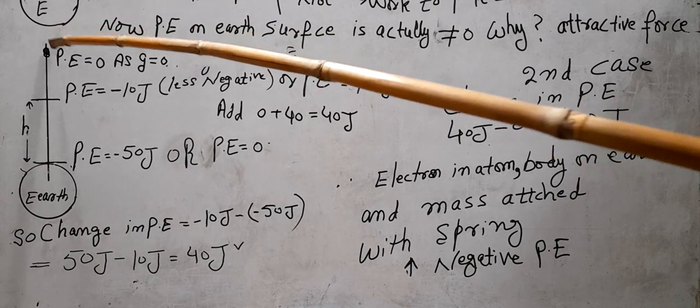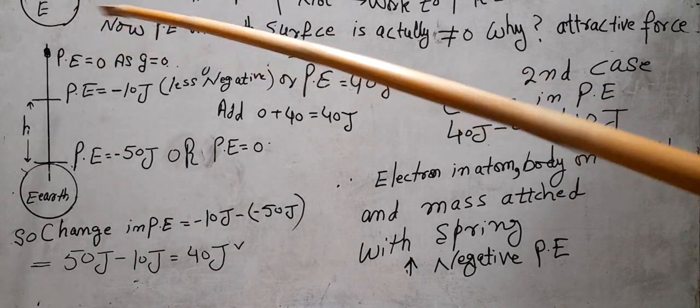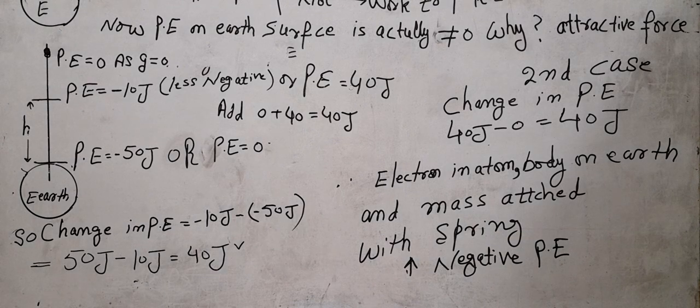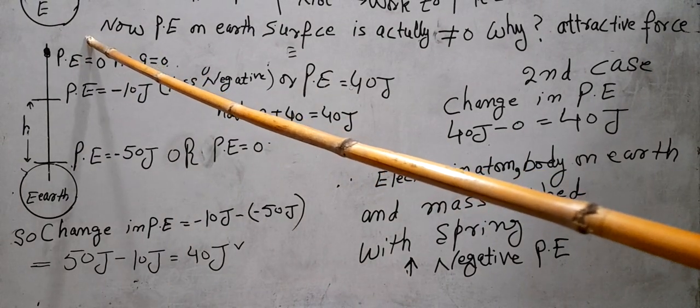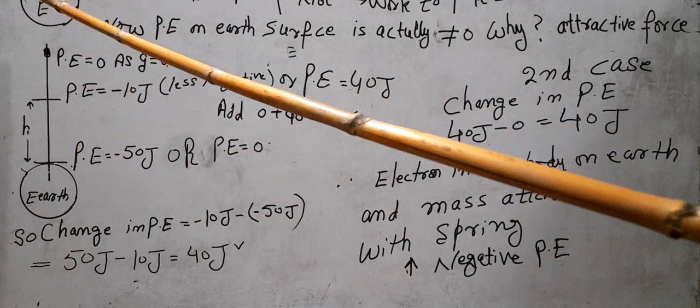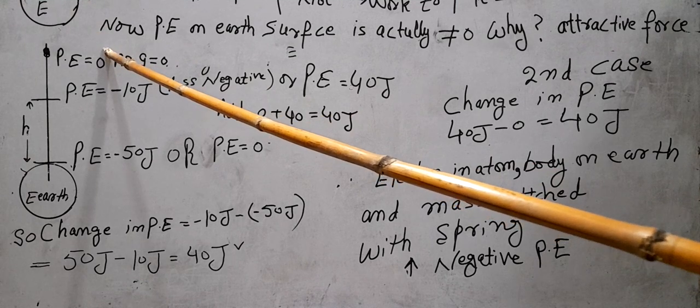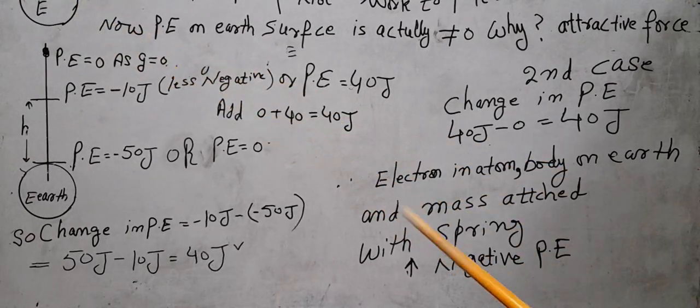At this point the potential energy of the body will be equal to 0. Why is the potential energy at this point 0? Because now the body is no more under the influence of the earth, or there is no force of attraction on the body from the earth.